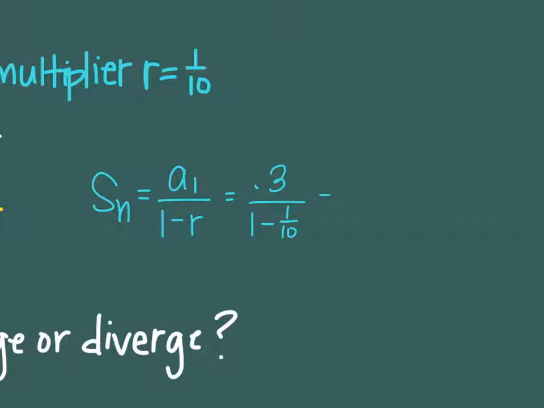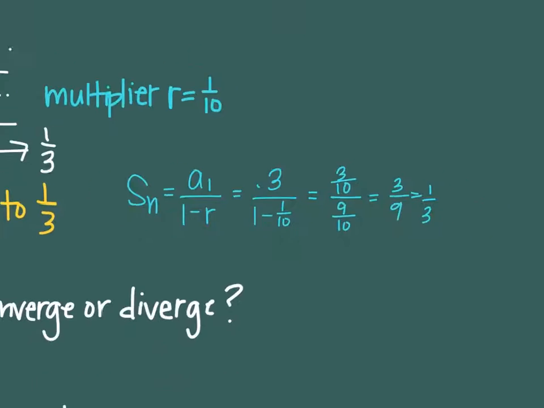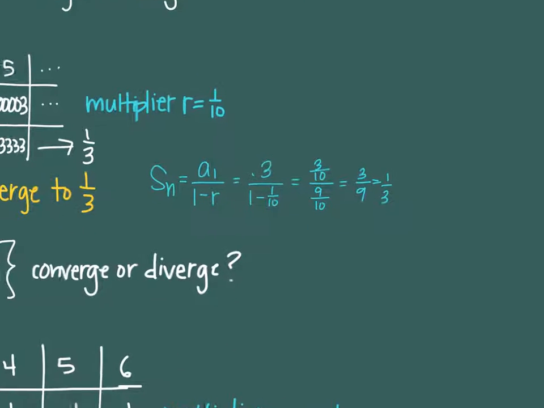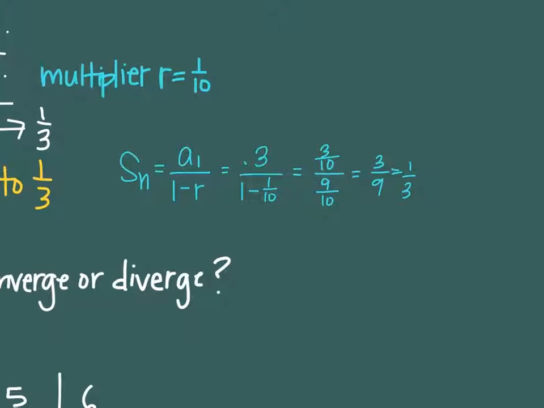So that's 0.3, which is 3/10, divided by 9/10. Exactly, which is 3/9, which is 1/3, which is what we were hypothesizing that it was going to converge to anyway.